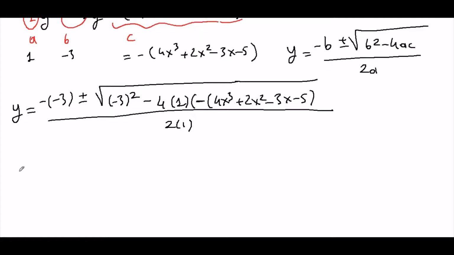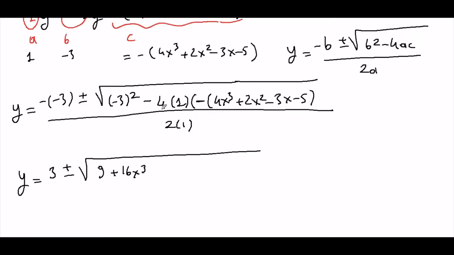So we're going to clean up this equation. So y is equal to 3 plus or minus, so negative 3 squared is 9. So we have negative 4 times negative 4x cubed, which is positive 16x to the third. Negative 4 times this is going to be negative, and negative times negative is positive, positive 8x squared. Negative 4 times negative 3x, times negative, will be negative 4 times 3 is 12, negative 12x.